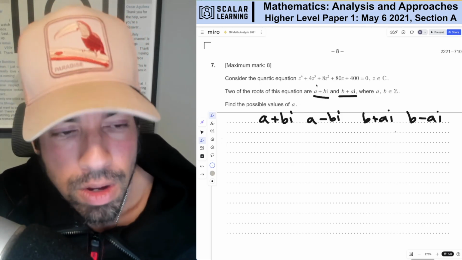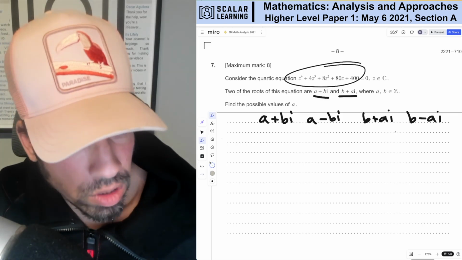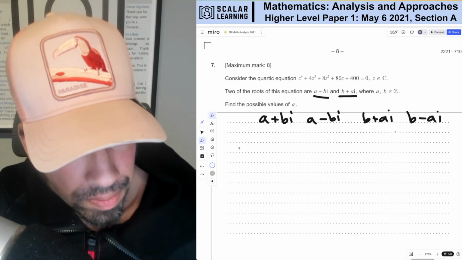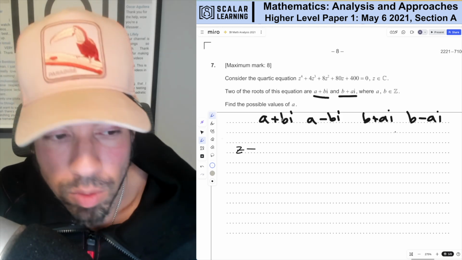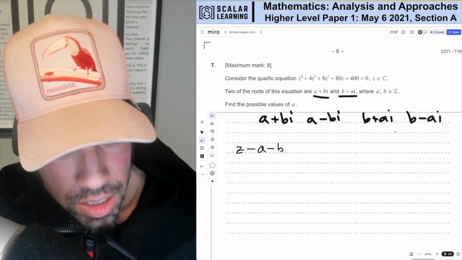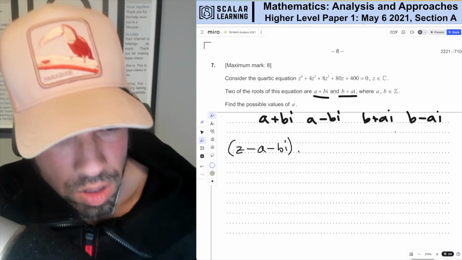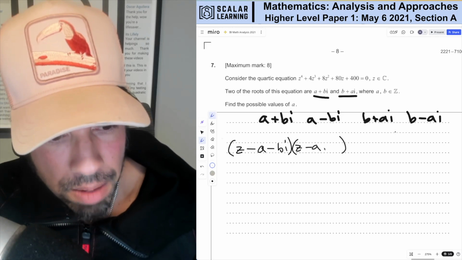That's it, nothing else. So what we can then do is get a different representation of this quartic function. If I do it in factored form, z minus a plus bi, I'll distribute that negative, so z minus a minus bi. This is one of the factors. And then we also have z minus this, z minus a plus bi.